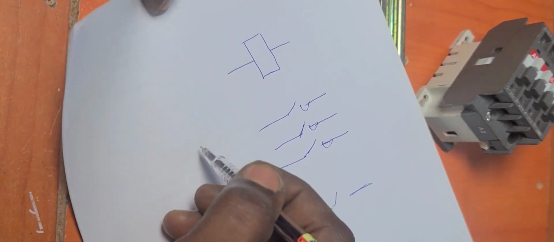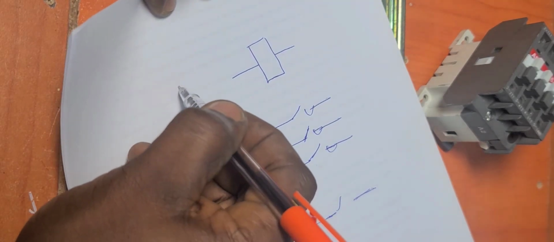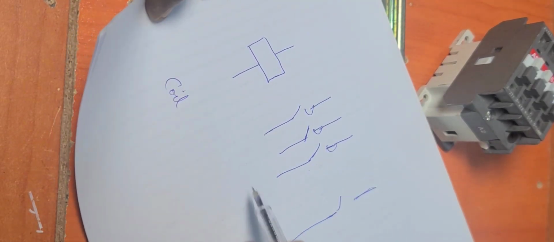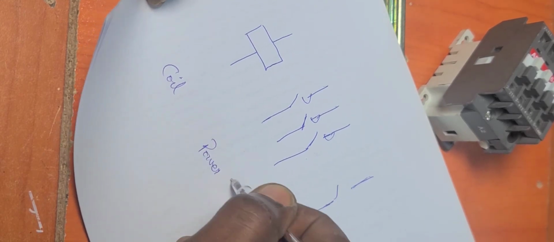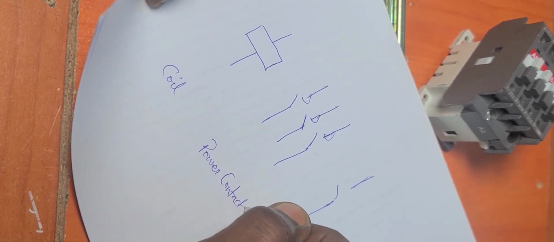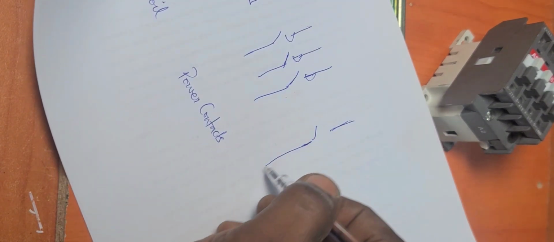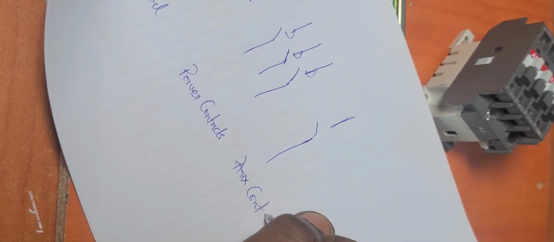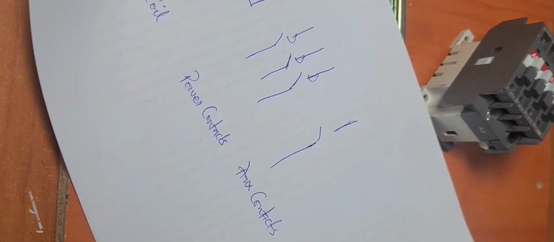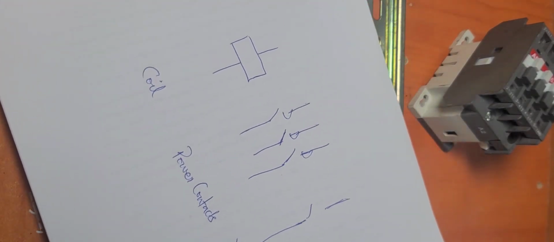So I'm going to label this under here. This is our coil. This section is our power contacts. These are power contacts, and here is our auxiliary contacts. All right, so this is what we have in our contactors.